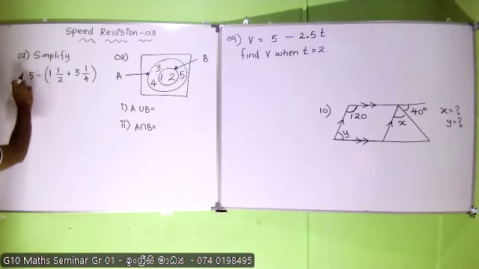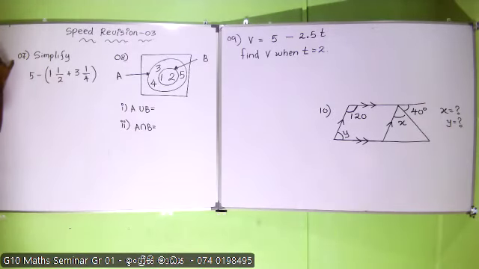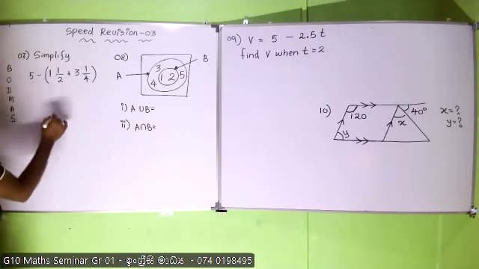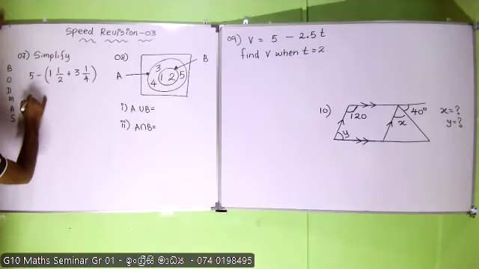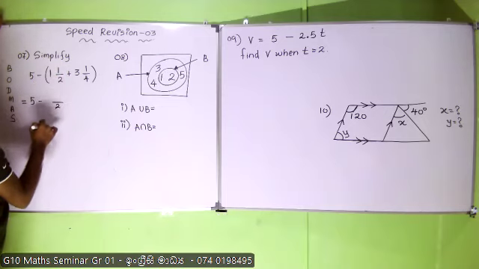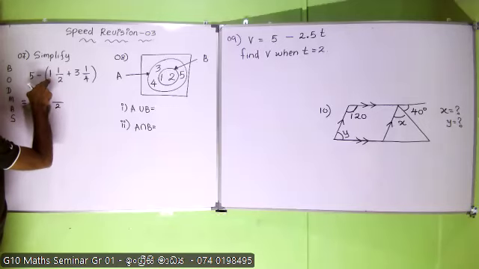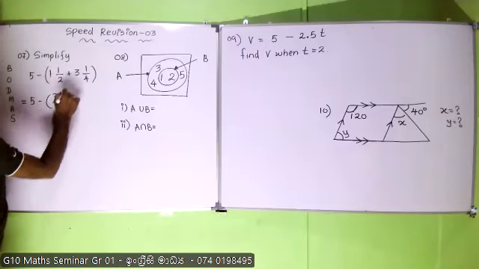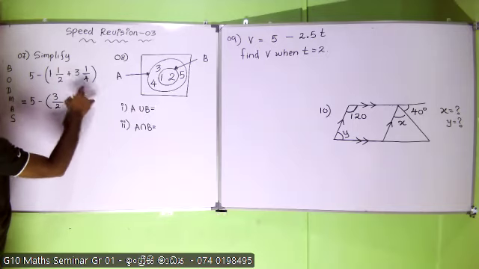So if you know how to do BODMAS: brackets, division, multiplication, addition, subtraction. We have brackets, so let's remove the bracket first. Equals 5 minus the mixed number, convert it into an improper fraction. 2 times 1 is 2, 2 plus 1 is 3, plus the denominator is 4, 4 times 3 is 12, 12 plus 1 is 13.